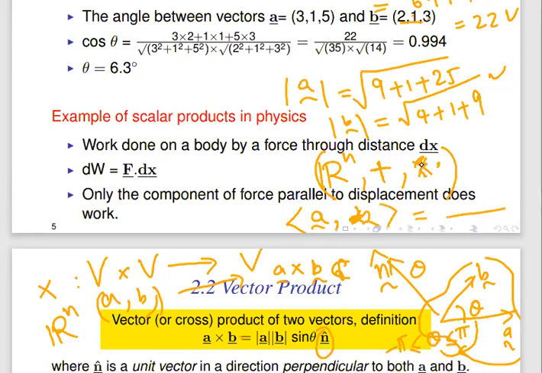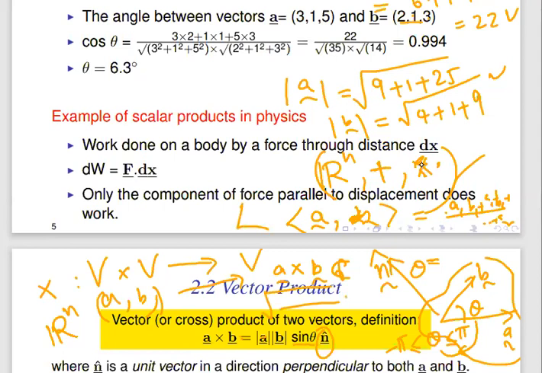One particular one is the dot product: A1 times B1 plus A2 times B2 plus dot dot dot plus An times Bn. For the cross product, the magnitude is the square root of the sum of all the squares.